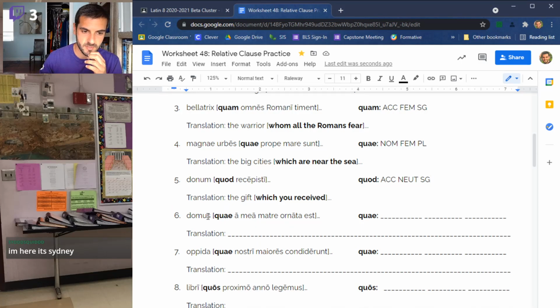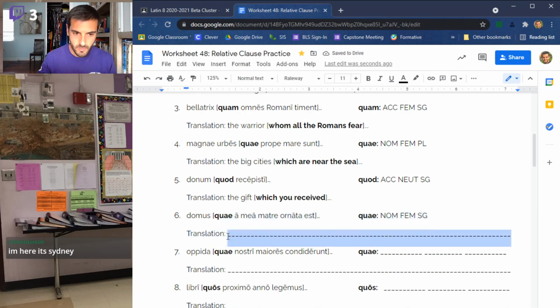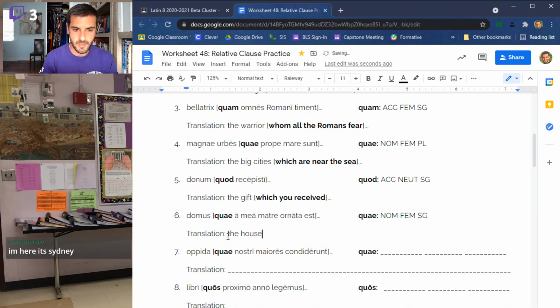Number 6 is about a domus. A domus is a house. House is feminine and singular, which means that quae has to be feminine and singular. And the only option for case is nominative. Nominative, feminine, and singular. So we are talking about the house.